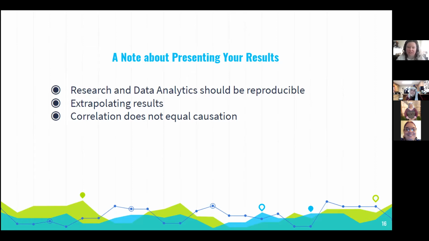But what you really want to do is extrapolate that and say, okay, well, all fighters in this kingdom are likely to prefer this or might have back pain on this scale. But there's a limit to extrapolating results, and knowing where your limits are comes from doing this for a while and thinking about it, especially when you're presenting it to other people.